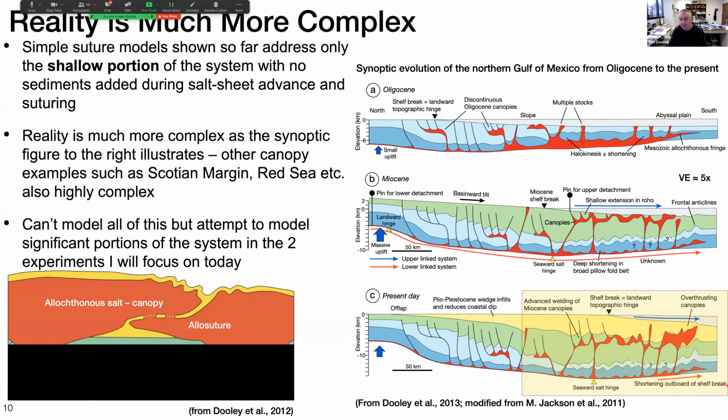So something like so, which is a synoptic for the Gulf of Mexico, showing the rise of salt all the way up from the source layer to shallow levels, and then being expelled upwards and outward. We can't do the absolute entire system here, but we will try to do some of that.